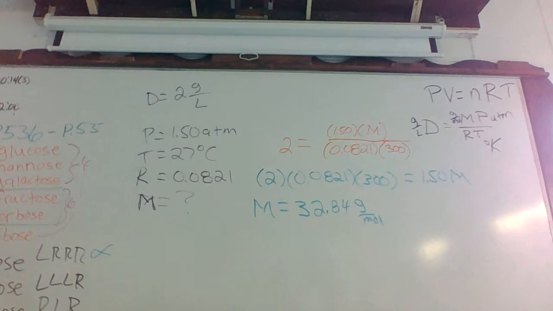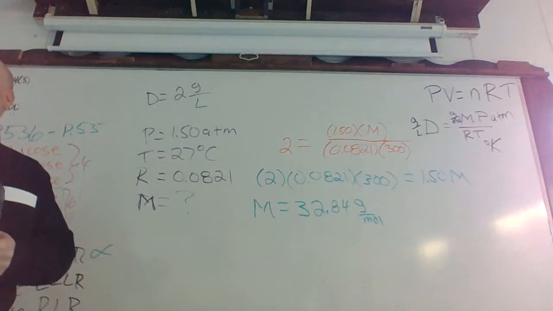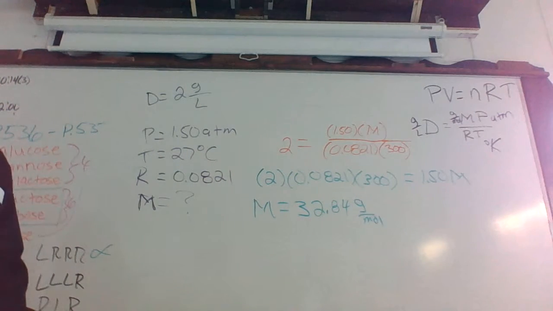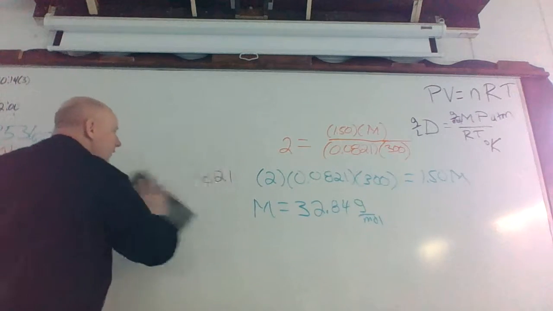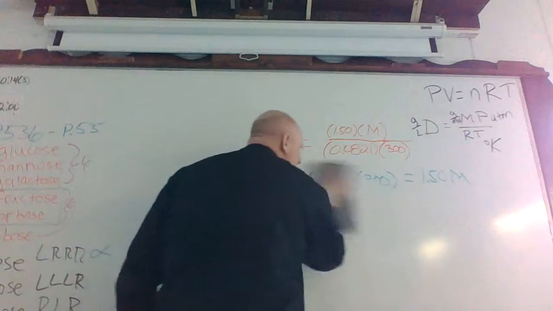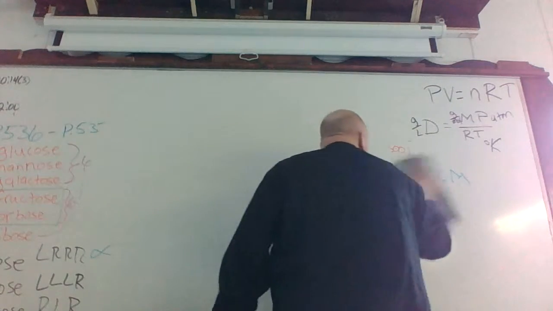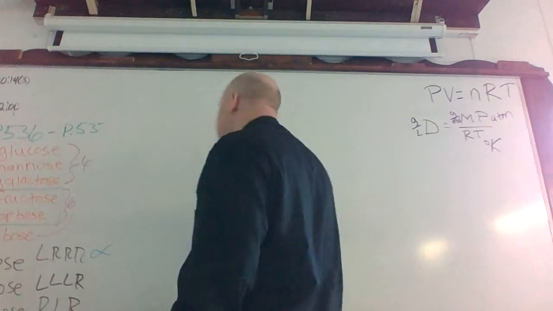Because when you use the term stoichiometry, that means you have to have what somewhere in the problem? Yeah, you need chemistry. You need a balanced chemical reaction.